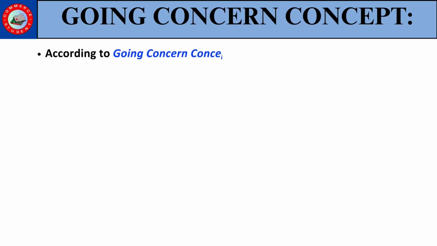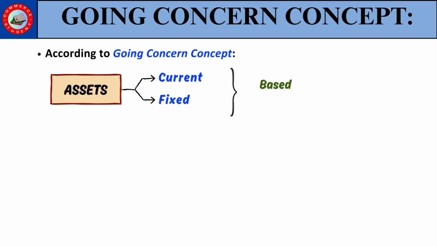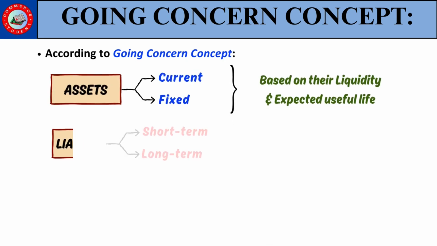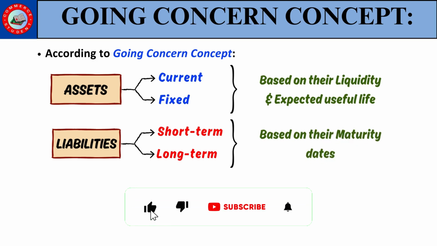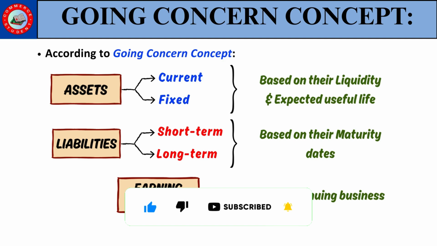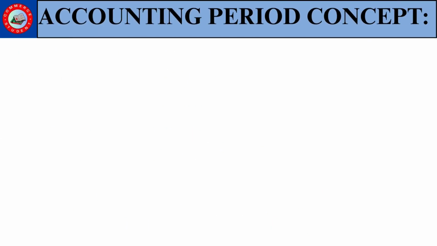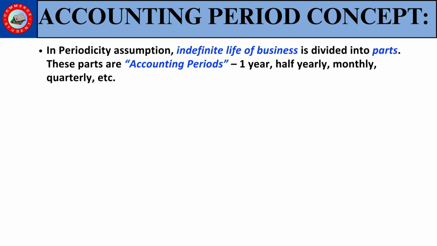It's because of going concern assumption that assets are classified as current and fixed, liabilities are classified as short term and long term, and earning power is the basis for valuing a continuing business. Accounting period concept. It's also known as periodicity assumption or time period assumption.